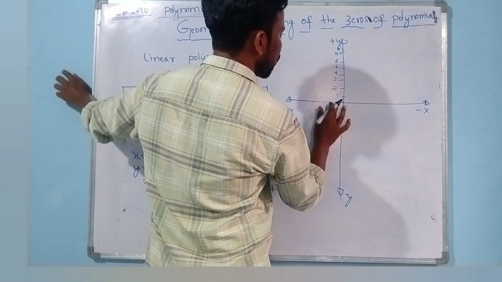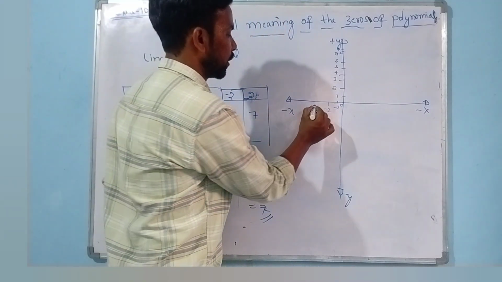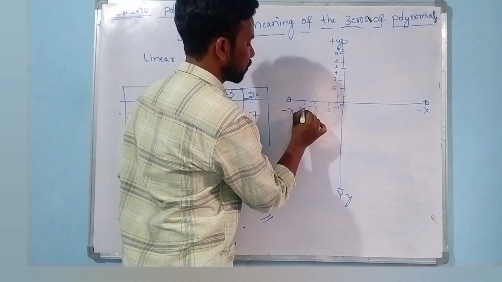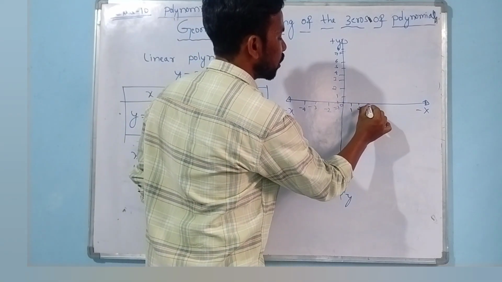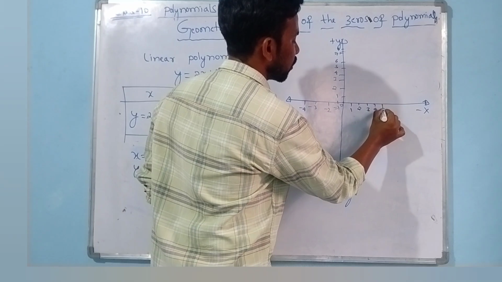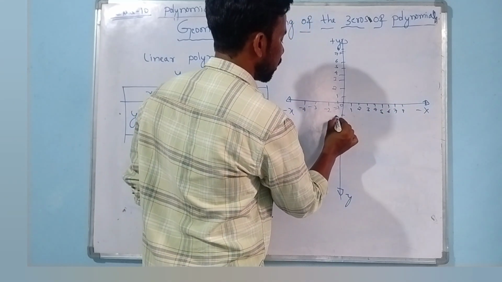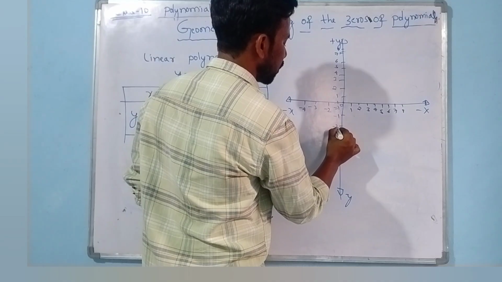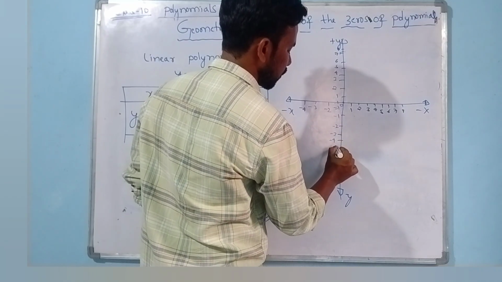From this side, minus 1, minus 2, minus 3, minus 4. On the y axis, 1, 2, 3, 4, 5, 6, 7, 8, and minus 1, minus 2, minus 3, minus 4, minus 5.